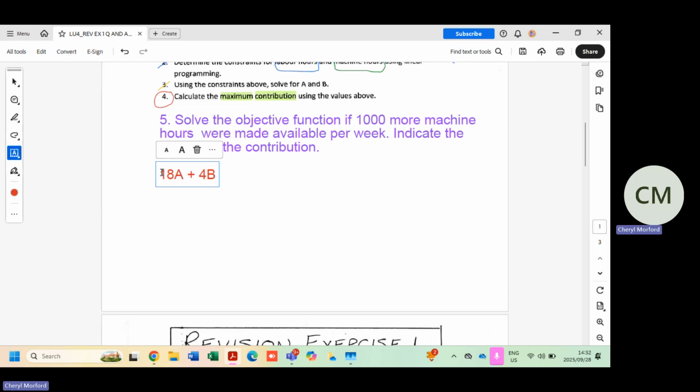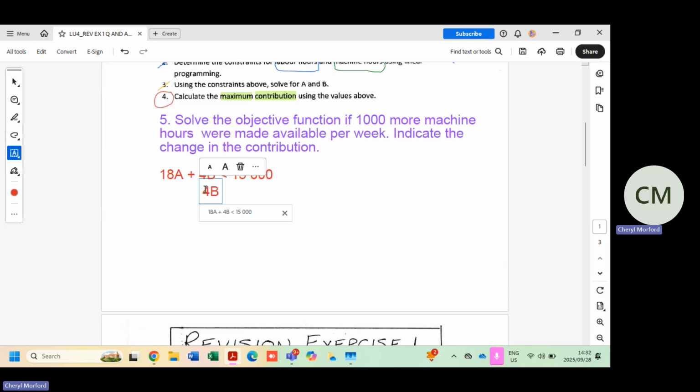Remember, I can't do the less than or equal to, so apologies for that. It was 14,000. If there's 1,000 more, it's now going to be 15,000. And remember, it must be less than or equal to. So what I'm now going to do is rewrite it like I did before.